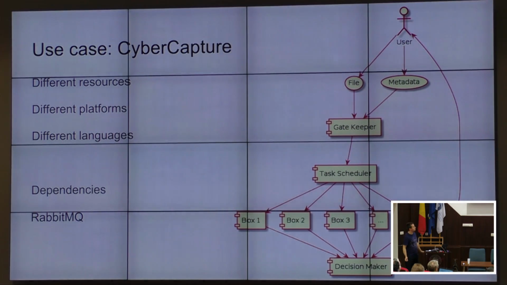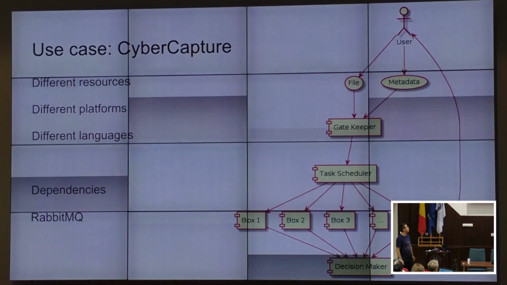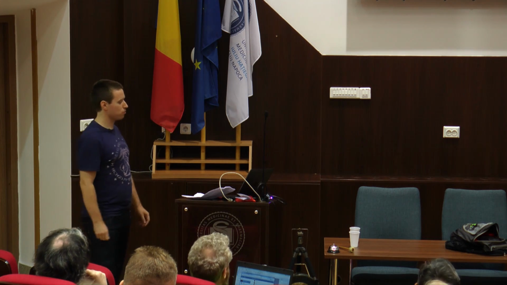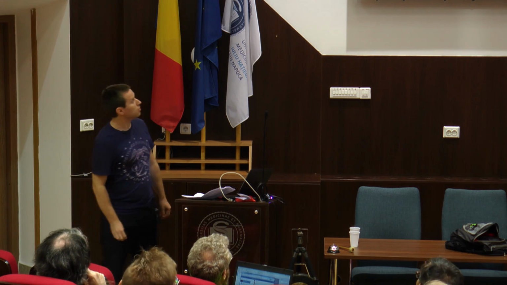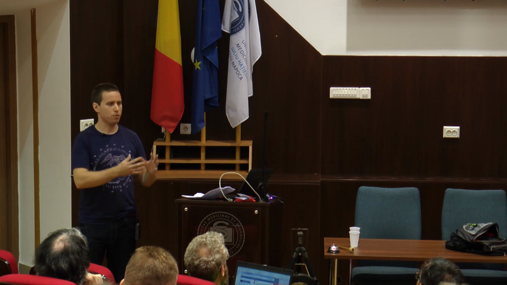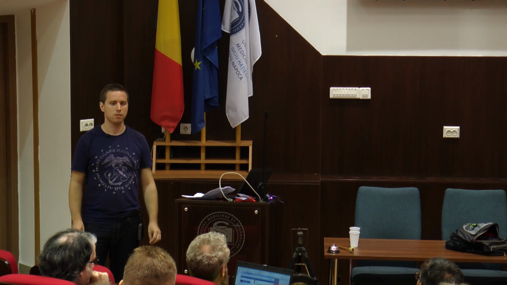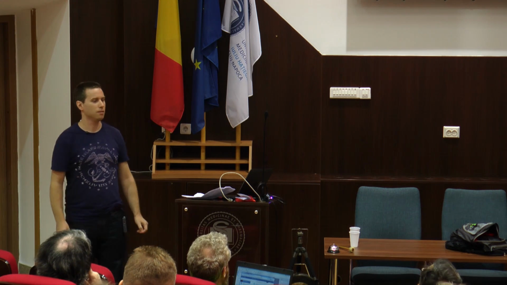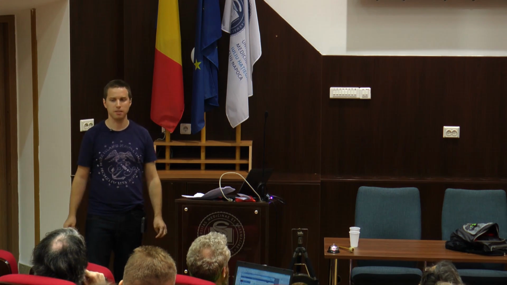This is something that we built on microservice architecture, and we actually didn't have a choice because it enabled us to use different resources, different platforms, and different languages for different components of the system. For example, some of those boxes need to run on Microsoft Windows, and some need to run on high-performance Linux servers and are implemented in C.